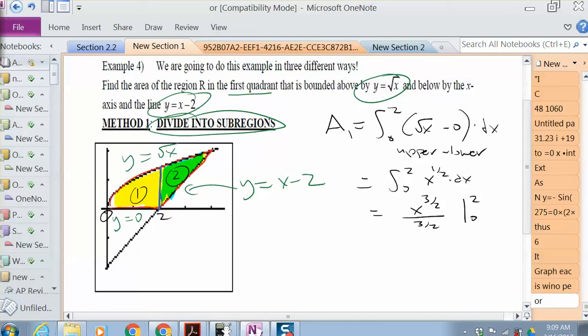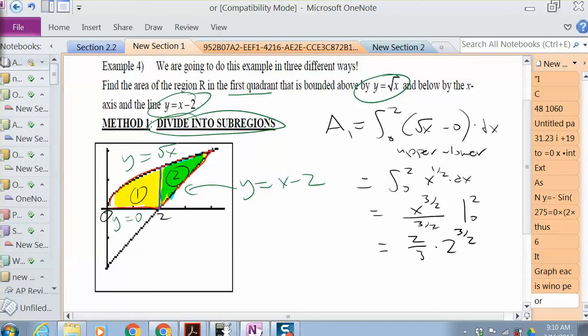Yeah, no, I'm doing this right. We're okay still. When you divide by a fraction, you multiply by the reciprocal, right? So 2/3 times 2 raised to the 3/2 power. And don't worry about the 0 because it's just going to go away. So that's your first region, A1.